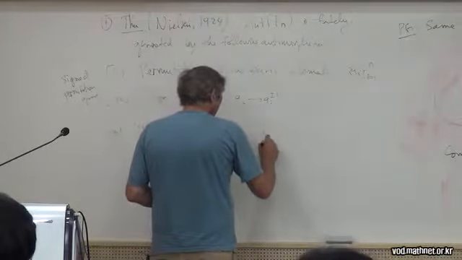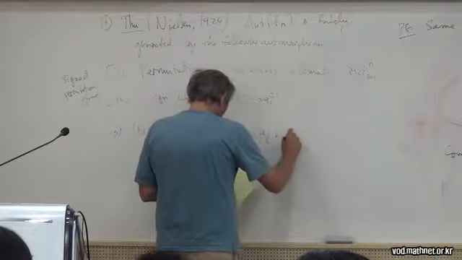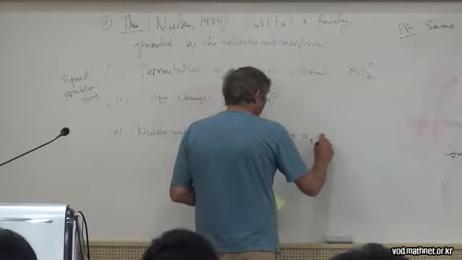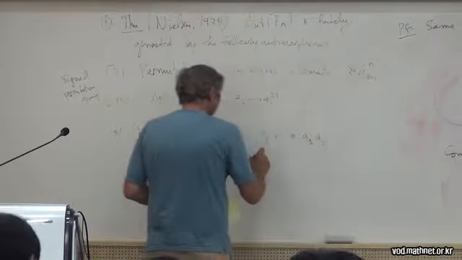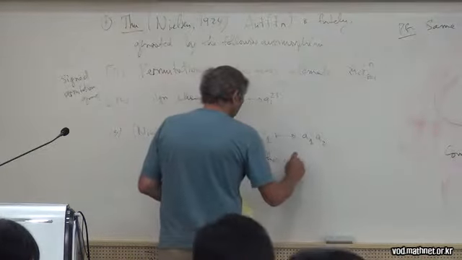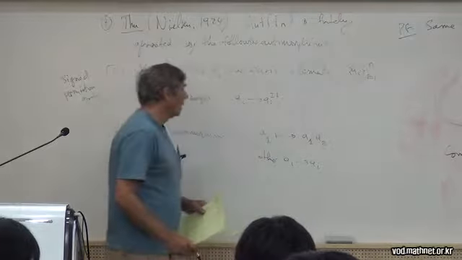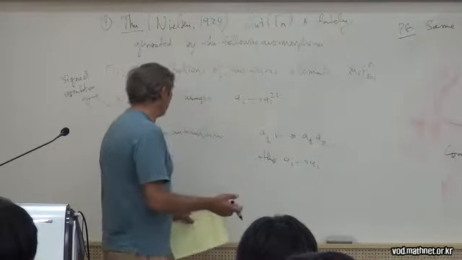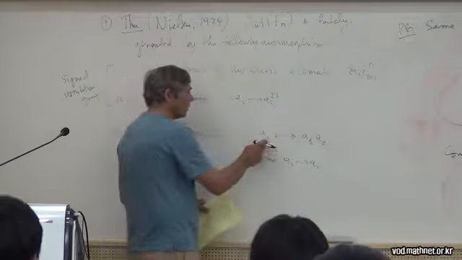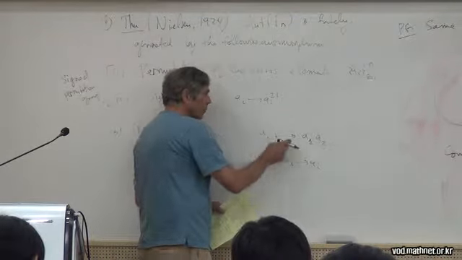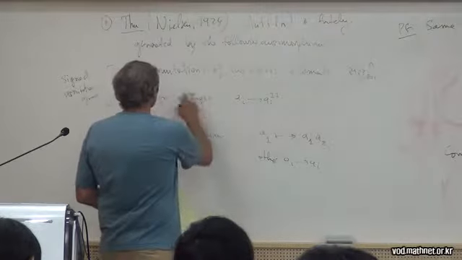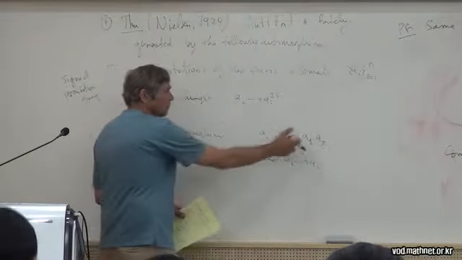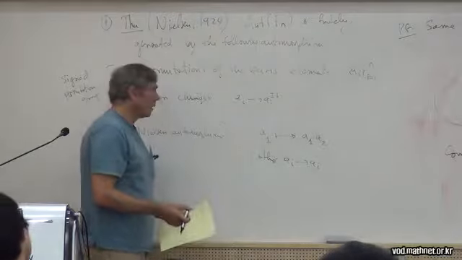But you can, so a1 goes to a1 a2, and then the other a_i just go to a_i. More generally, a Nielsen automorphism allows you to change these indices from 1 and 2 to something else. But in the presence of the sign permutation group, you don't need these others.